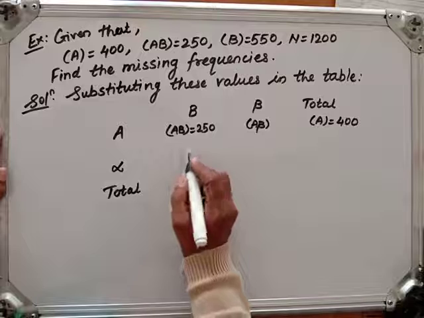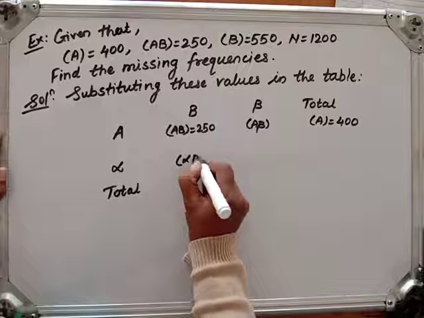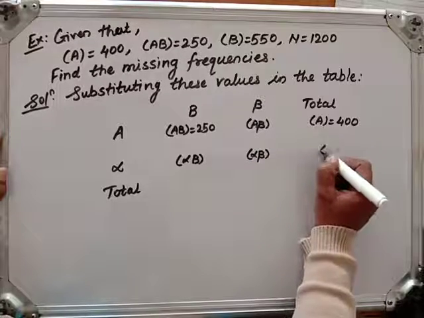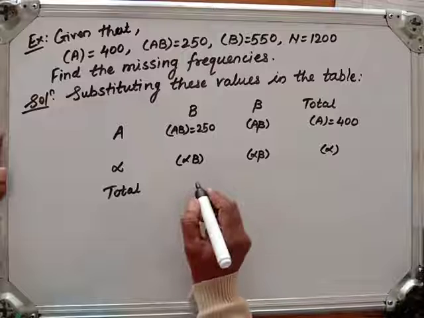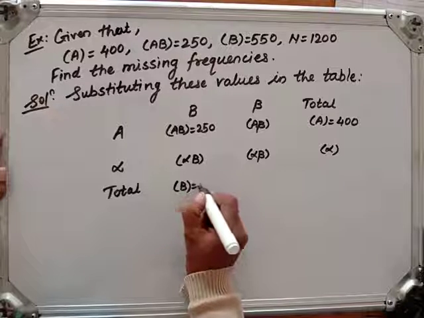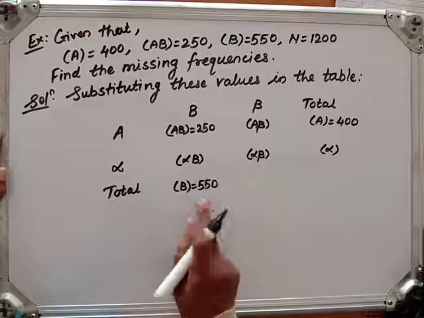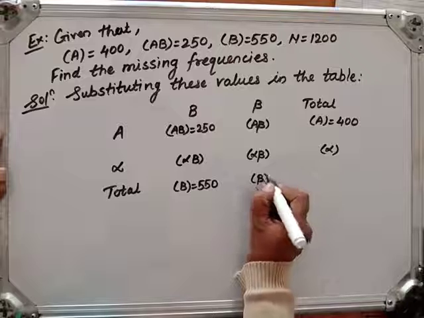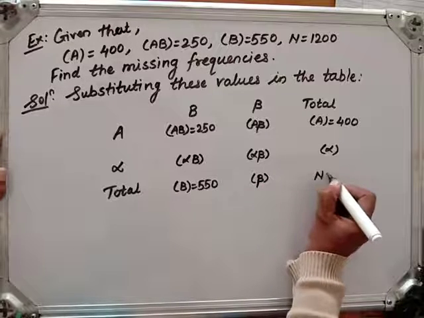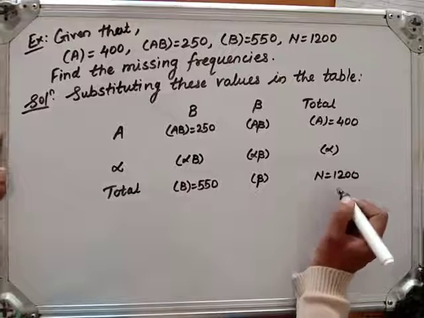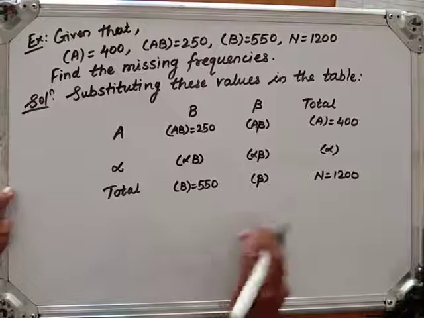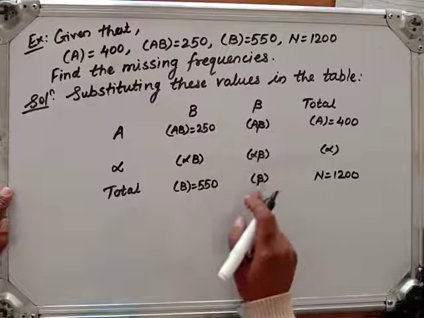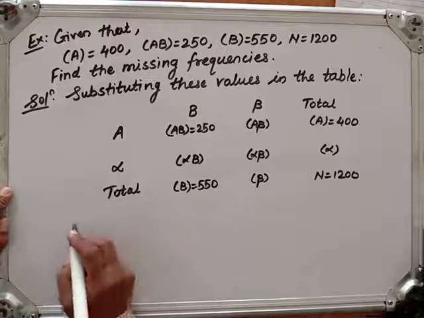Again here it will be alpha B, this is unknown, this alpha beta is also unknown, and this alpha is also unknown. But B is known, that is 550, so we can easily determine this. Again beta is unknown, but N is known, it is 1200. So we can easily determine alpha here. Once we get these, we can easily determine these also.